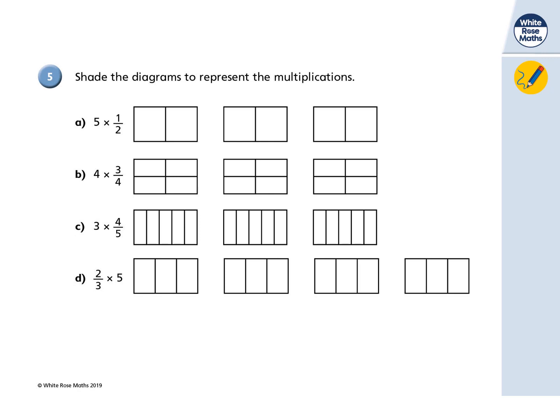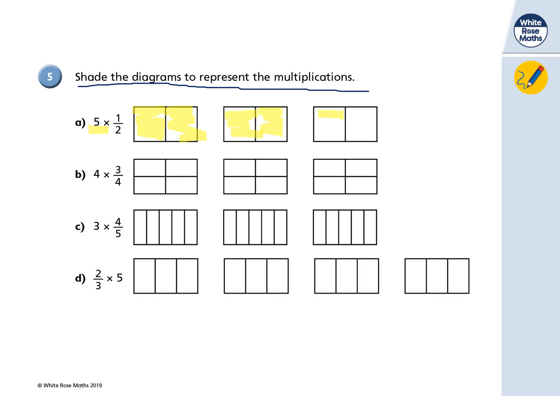Okay, after you have done this for 15 minutes, I'm going to give you the answer for the diagram to represent the multiplication. Okay, so 5 times of half. We count 1, you shade here, 2, 3, 4, and 5.